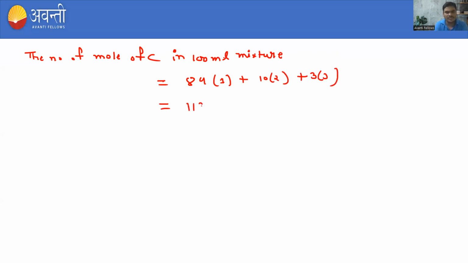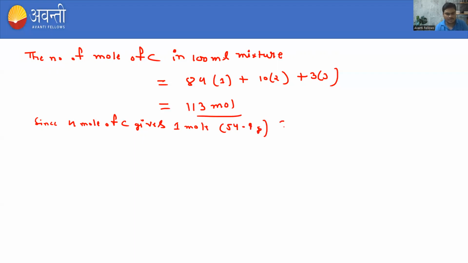This comes out to be 113 mole. Now, since 4 mole of carbon gives 1 mole, that is 54.9 gram of C4H6, right? C4H6.